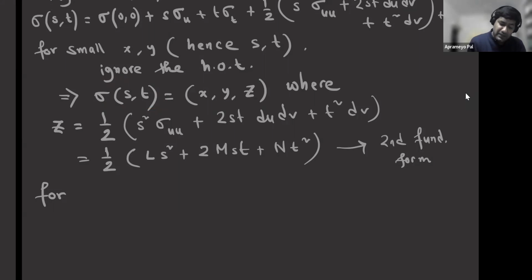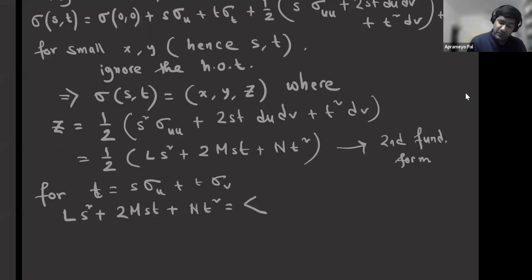If you take T equal to s sigma_u plus t sigma_v, then L s square plus 2M st plus N t square is nothing but the inner product of W(T) and T.